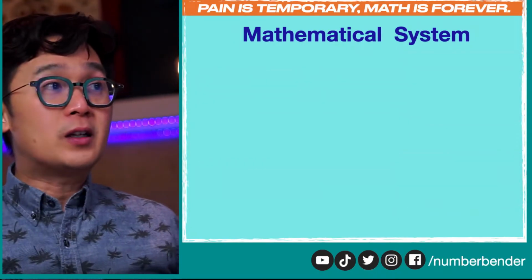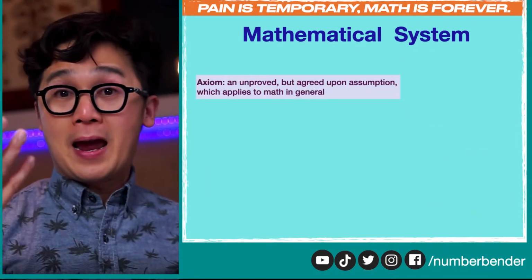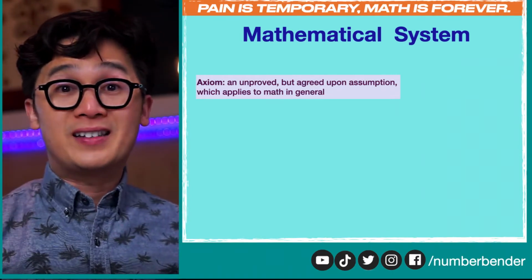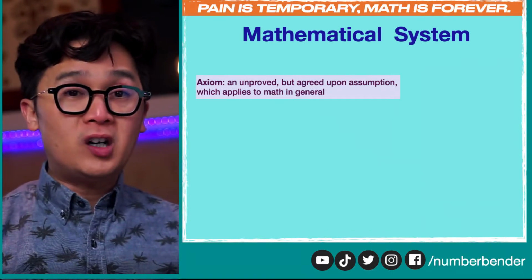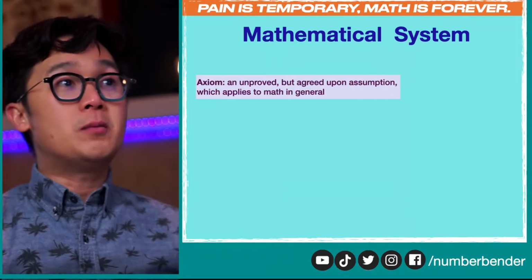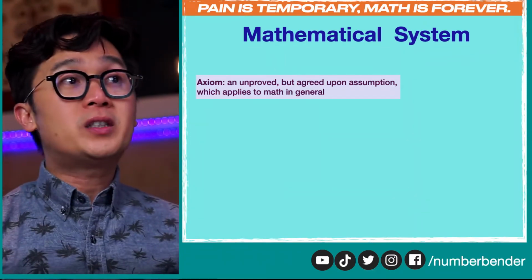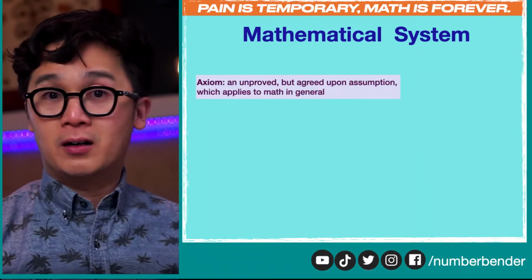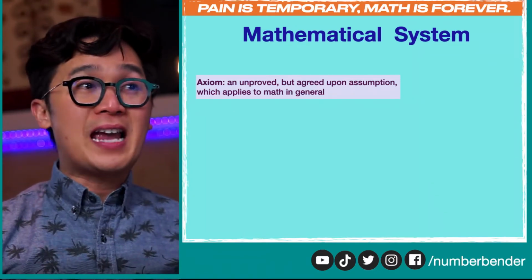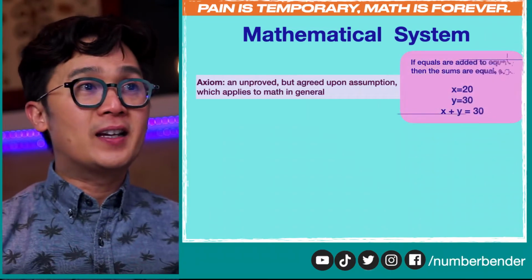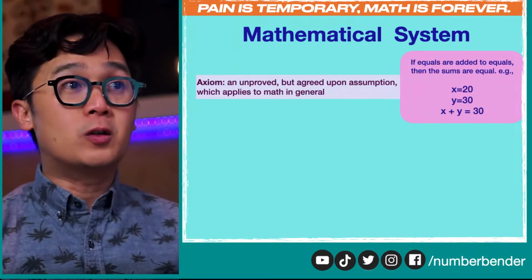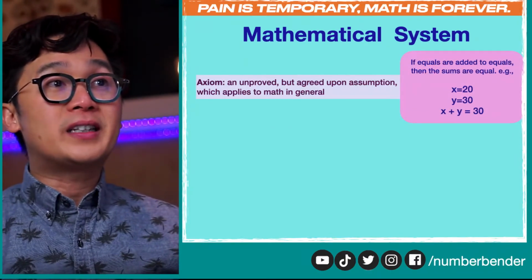The next one that we are going to be working on in a mathematical system is what we call the axiom, which is quite a big word for most of us. An axiom is just an unproved but agreed upon assumption which applies to math in general. An example of this is if equals are added to equals, then the sums are equal.